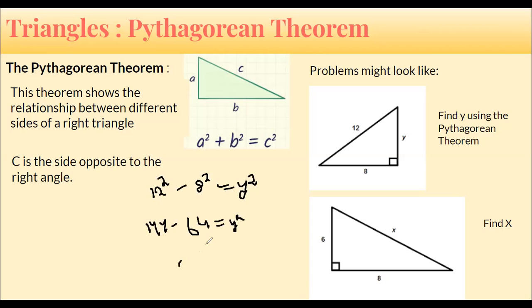Then we take the square root, so the square root of 80 is equal to y. We can simplify this to 4 square root of 5 is equal to y. Most people have seen this.